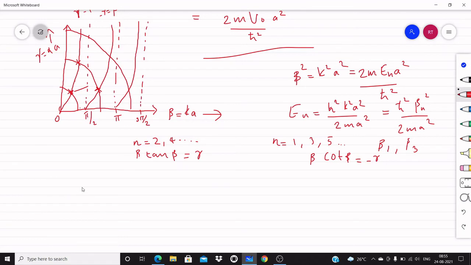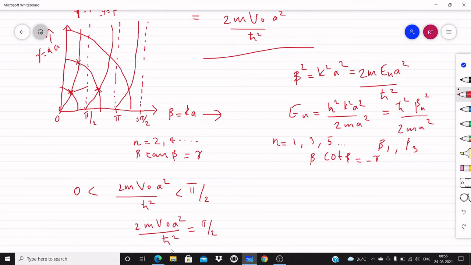One intersection is obtained for 0 less than radius. Radius is 2m V0 a square by h cut square less than pi by 2. Okay, so the maximum radius is 2m V0 a square by h cut square is equal to pi by 2.